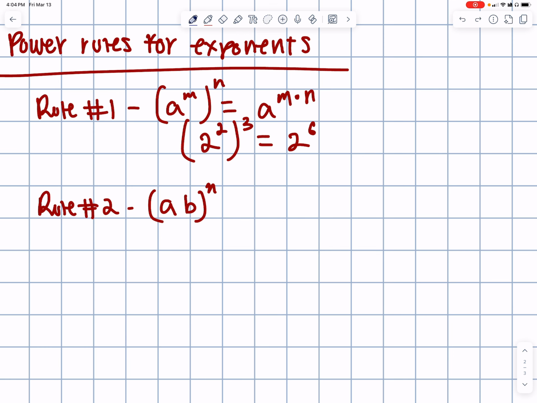That's why I wrote rule number 1, what the rule is, and then I wrote down actual numbers, so that it wouldn't confuse you.